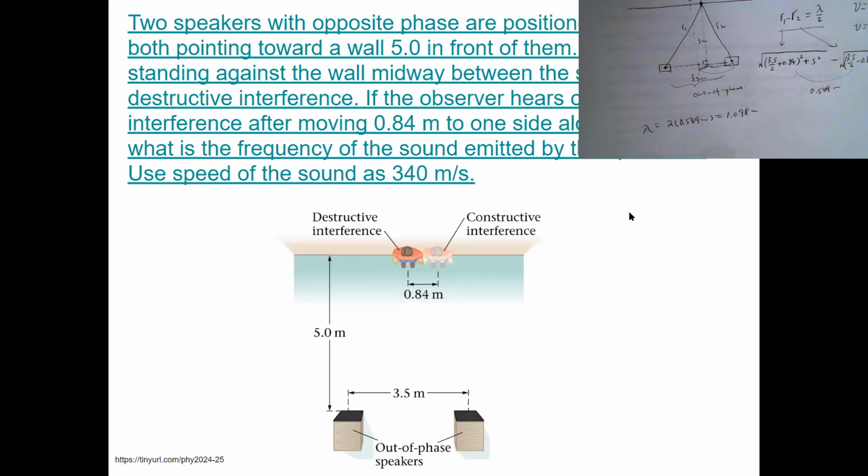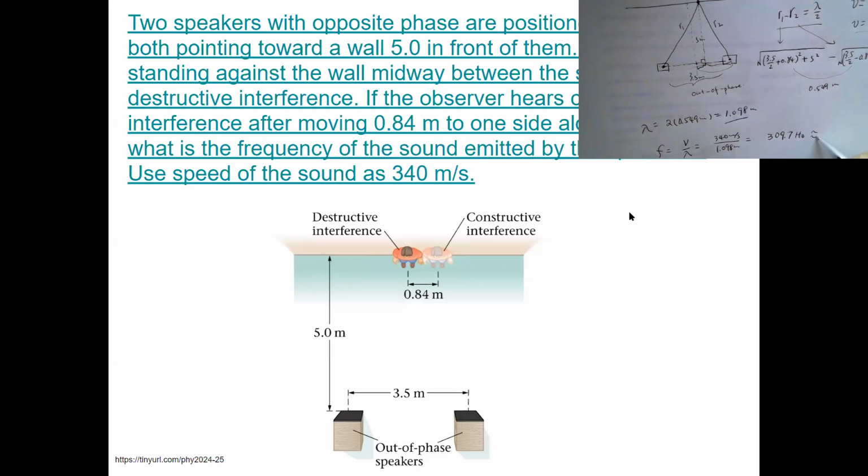Now we can put that into the expression: the frequency equals velocity divided by lambda. Velocity is 340 meters per second divided by 1.098 meters, which gives about 309.7 hertz, or roughly 3.10 times 10 to the 2 hertz.